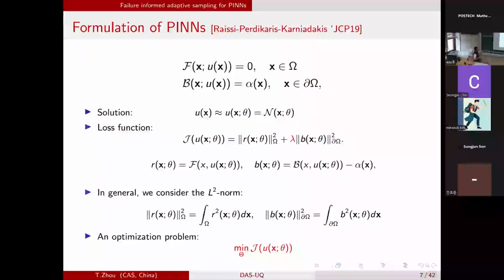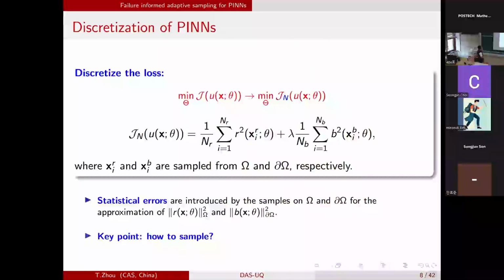So to compute this optimization problem, usually you sample the domain and the boundary. You sample the domain to obtain the training points for the equation, and then you also sample the boundary to get the boundary loss. In this way, you will get the discrete loss, which only depends on the unknown parameter set here.